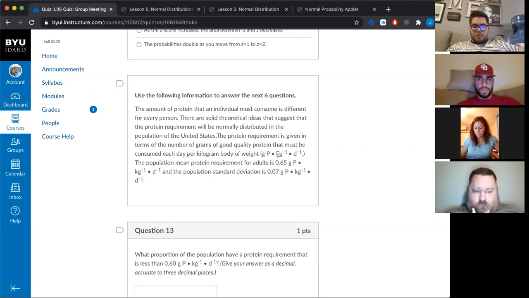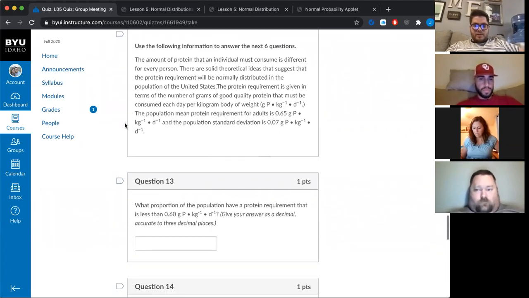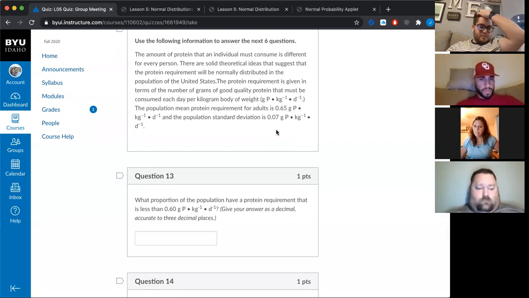The population mean protein requirement for adults is 0.65 grams of protein per kilogram, and the population standard deviation is 0.07 grams. Okay, so we have our mean and our standard deviation, so we're probably going to be solving for some x here.